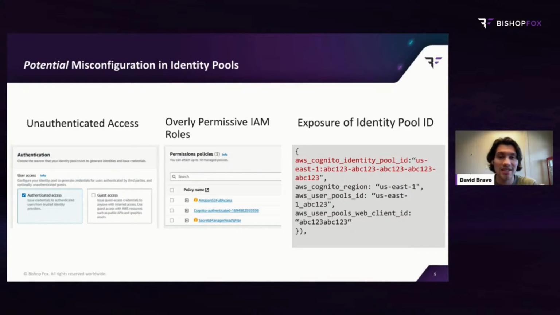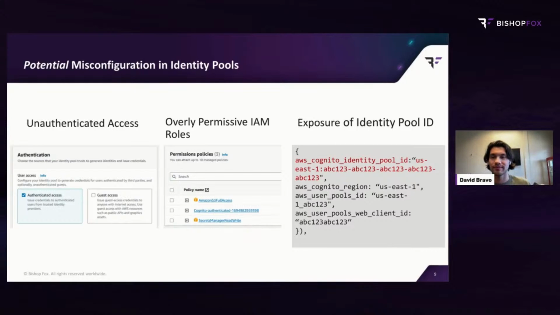And that's because it's kind of like a unique identifier that natively in AWS users, attackers, anyone else can leverage to try to start to poke holes against the configurations of the identity pools.